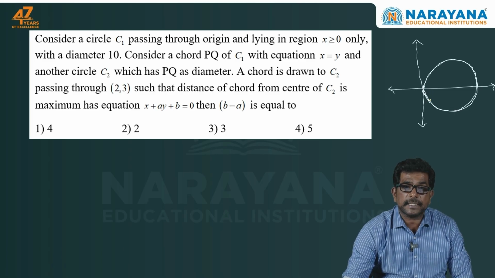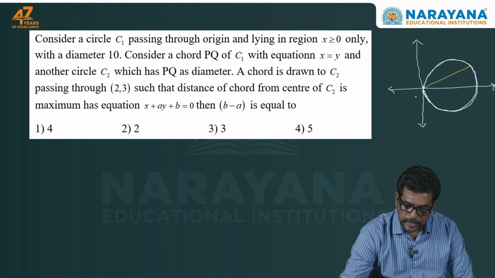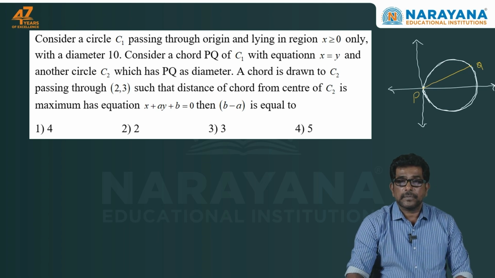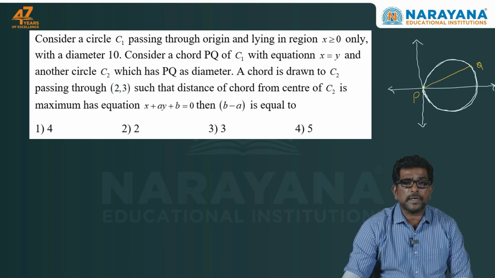y is equal to x equation means you know that it represents a line passing through the origin. So the PQ chord passes through the origin. Suppose I am taking P at the origin and Q at the other end. Now see there, another circle C2 which has PQ as diameter.